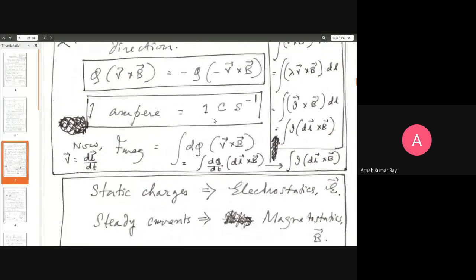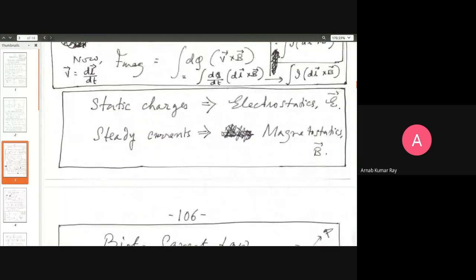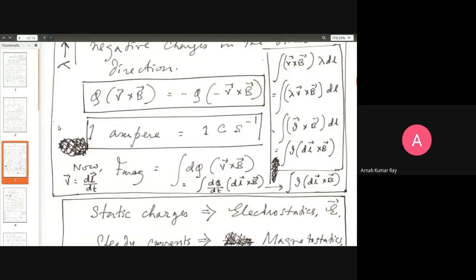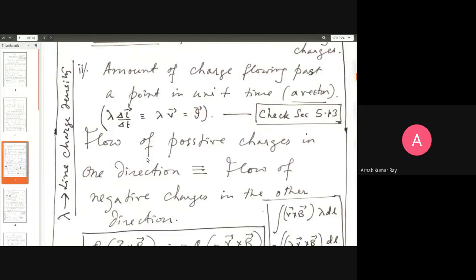Now our task will be to just round up this whole idea. We have discussed static charges in all our discussion of electrostatics, and they give rise to the electric field, vector E. Then we have discussed steady currents, as we are doing right now, and that gives rise to magnetostatics with the magnetic field B. Remember, we are not doing mathematics.